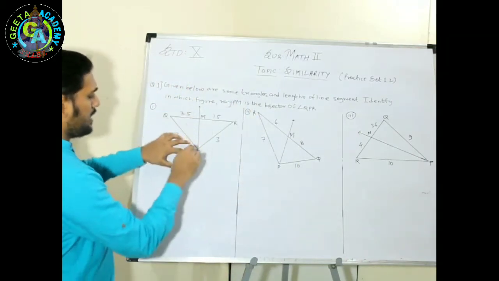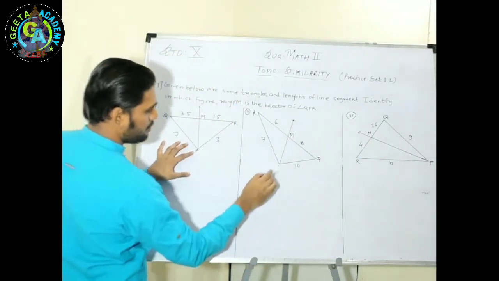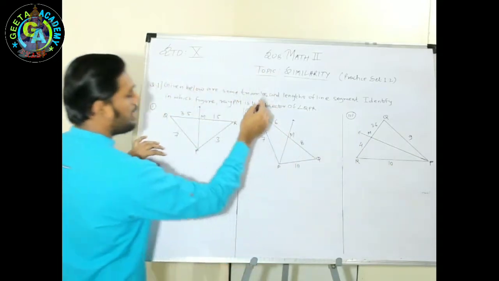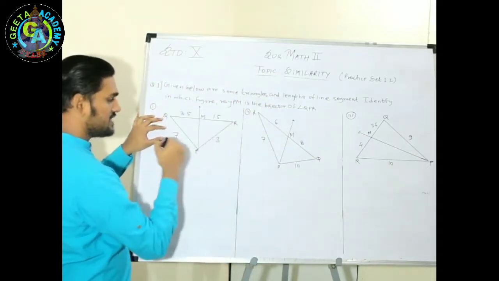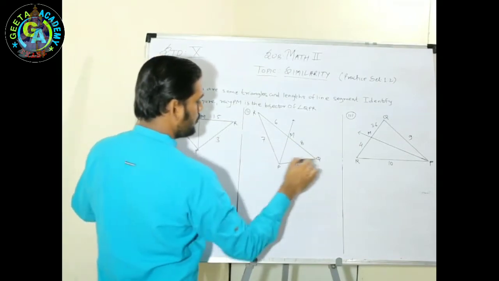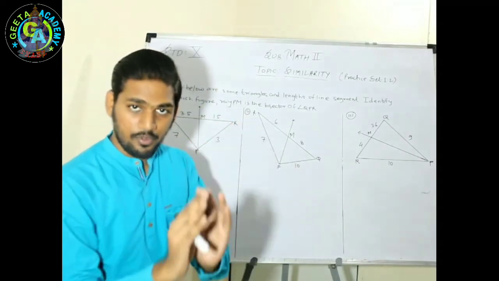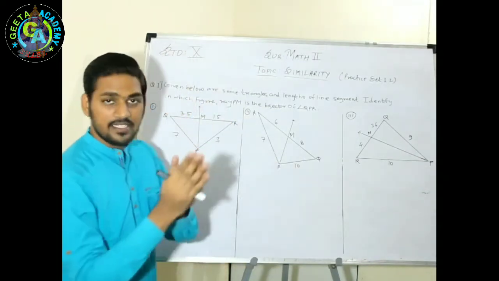If you observe, ray PM is there in each and every triangle, PM the bisector of the angle QPR. So each triangle has the angle QPR also. These are three different sub questions, but the naming of all three is the same.